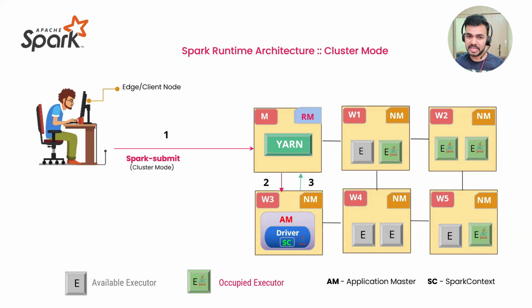Executors perform the execution and send the results back to the driver. Before that, I forgot to add one more thing. As and when the cluster manager launches the executors inside the worker nodes, those executors will register with the driver.